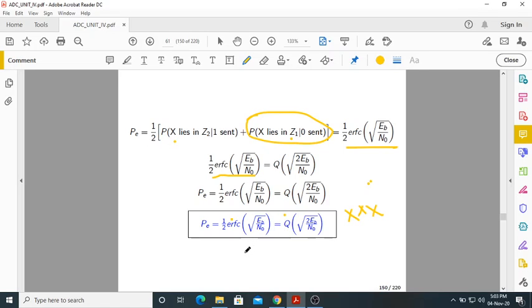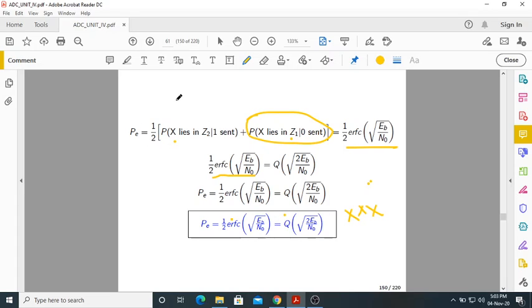They may use either, so you must remember the probability of error formulas both ways. The final formula of the probability of error of BPSK is half of ERFC root of Eb by N naught, which is also equal to Q of root 2 Eb by N naught.